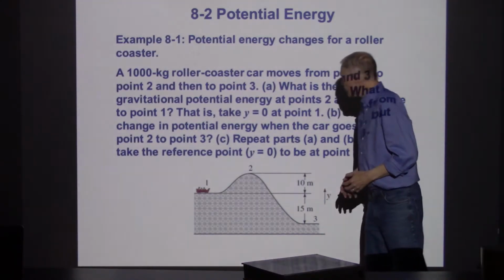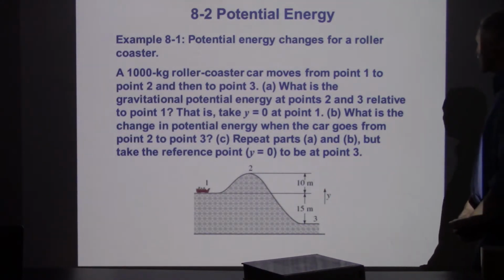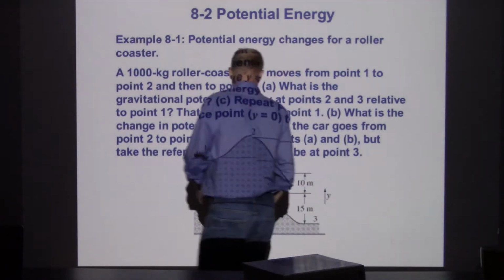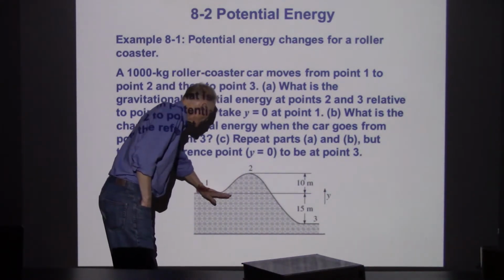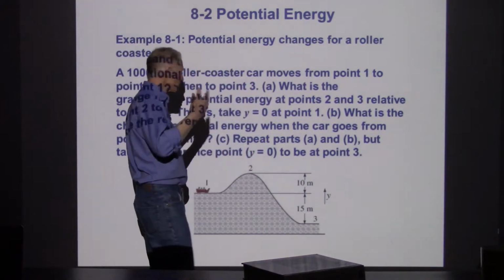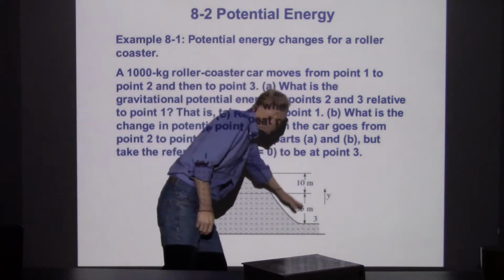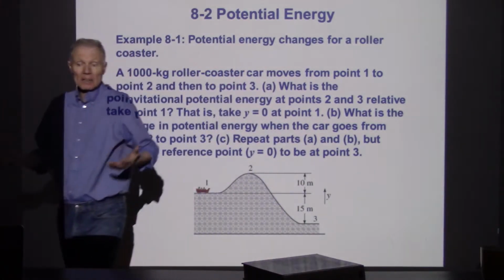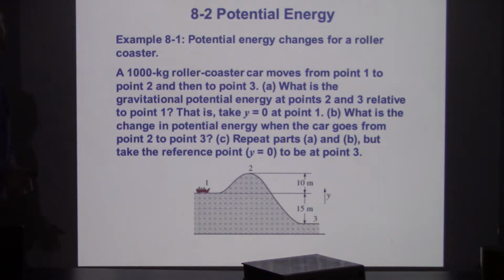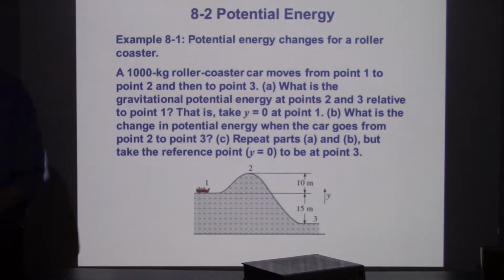What happens at point 3? If the 0 point is here, then anything above this would be considered positive gravitational potential energy, and anything lower would be negative gravitational potential energy. So let's see what the options are.